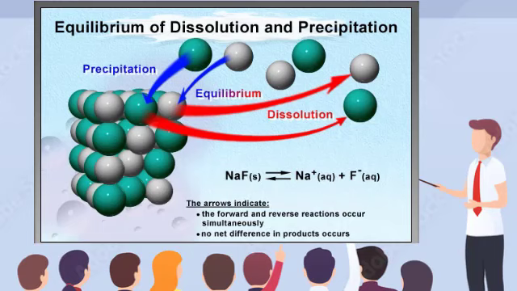Remember that in a balanced equation, the number of atoms or ions of each element on the product side of the equation must equal the number of atoms or ions of each element on the reactant side. In this equation, there is 1 sodium ion and 1 fluoride ion on each side of the equation. Remember that a lack of a coefficient or subscript indicates a 1.